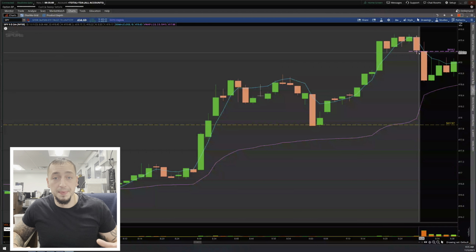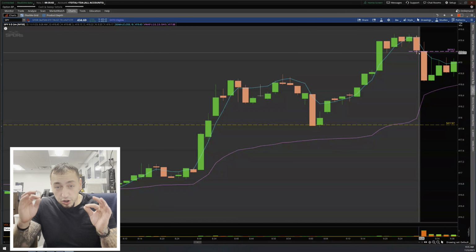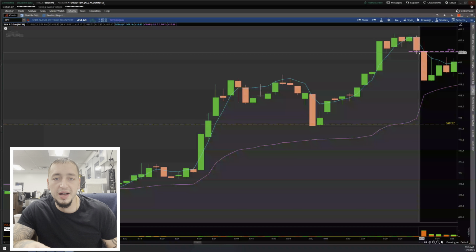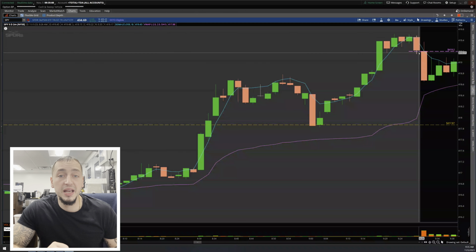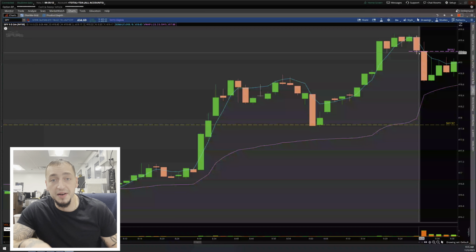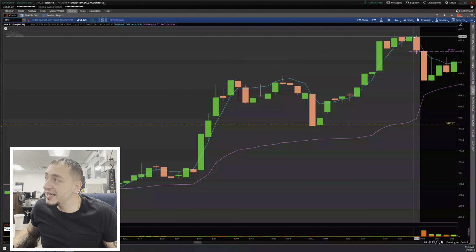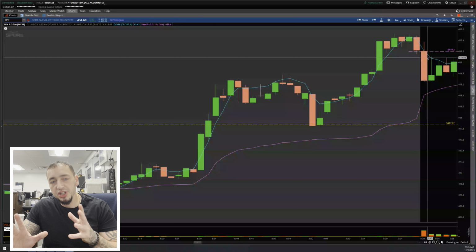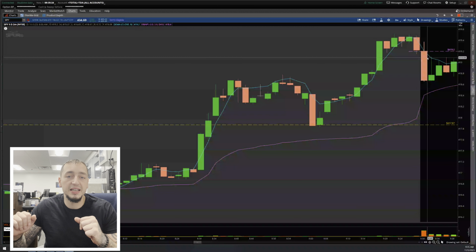So open print, the first price once the day opens, is always a critical level. It's going to have importance. It's going to be significant, because whoever defends this level is going to hold conditions for the day. So as open print opens, I'm going, okay, I'm bullish on the day because we're holding above 417.87.